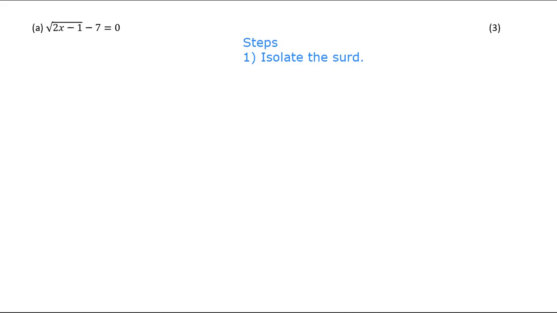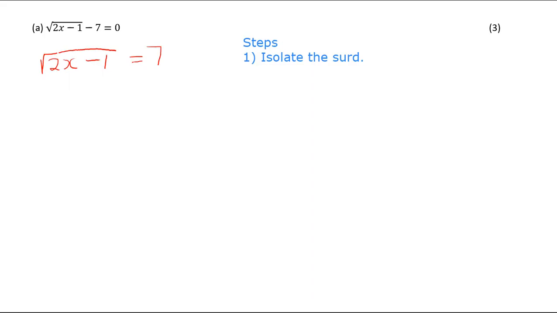Let me just do that quickly. Now, that's what you need to do when you isolate the surd.